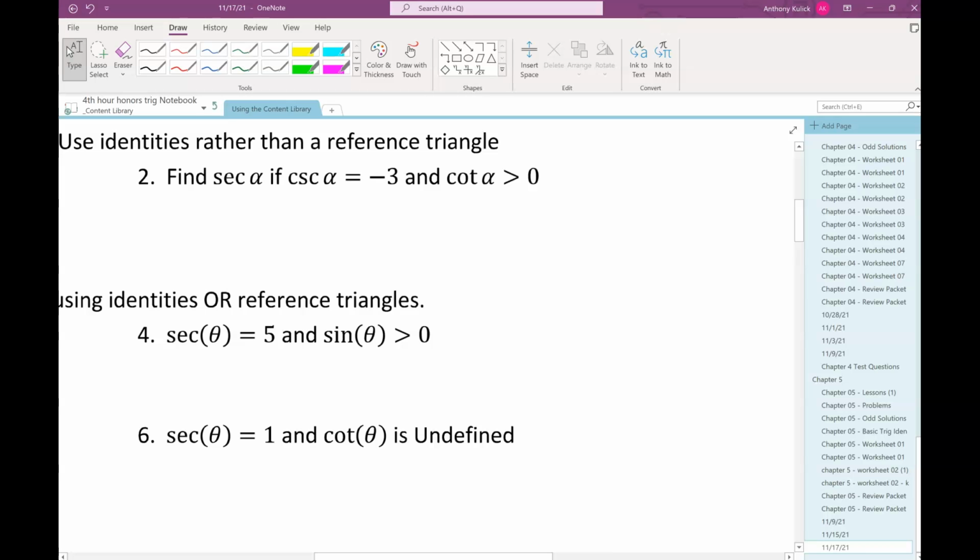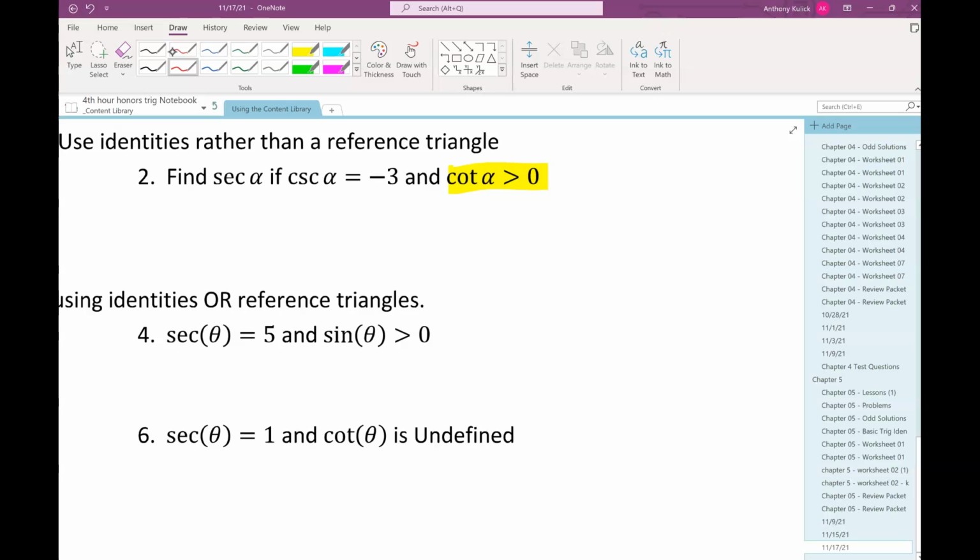So I see that I know cosecant and I know that cotangent is positive. Whenever I see a problem like this and I see that something is positive or negative, what that tells me is that I'm really going to be using one of the Pythagorean identities, and that whether it's positive or negative is going to tell me whether the plus or minus should be when I square root with the Pythagorean.